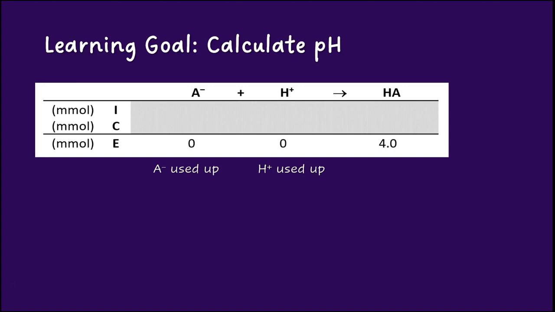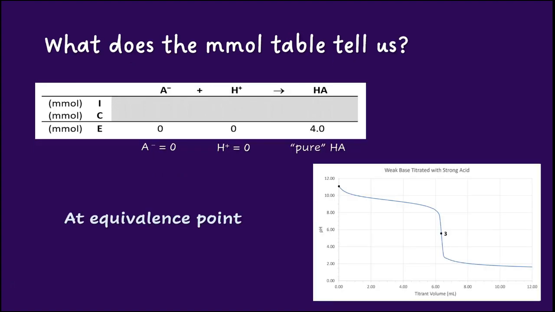In this generic millimole table, we're looking at the E row. Here, we see that both A- and H+ are consumed. They have reacted stoichiometrically to produce the conjugate acid HA, which is the only thing in solution at this moment.